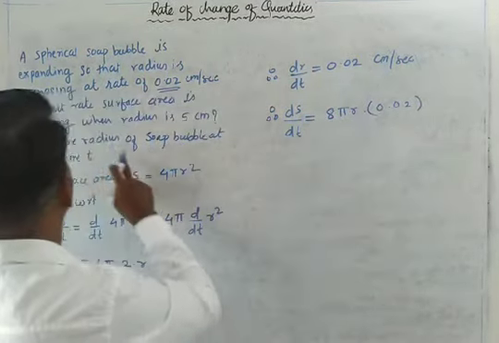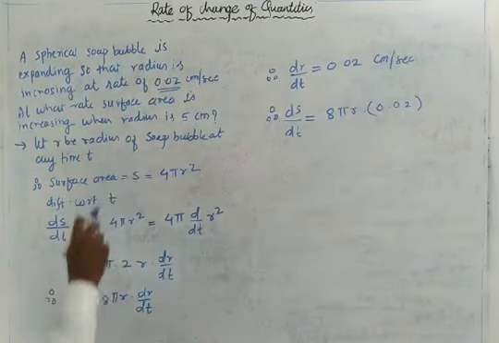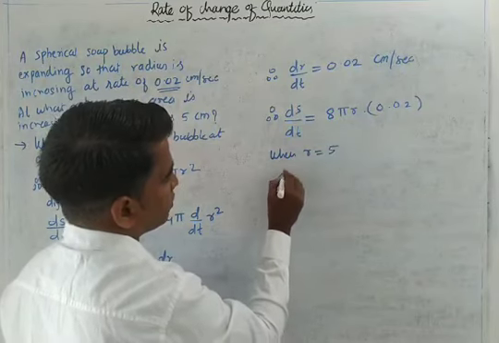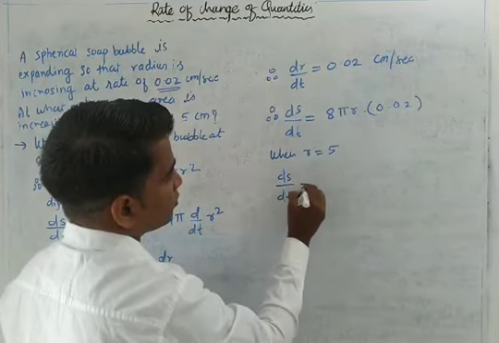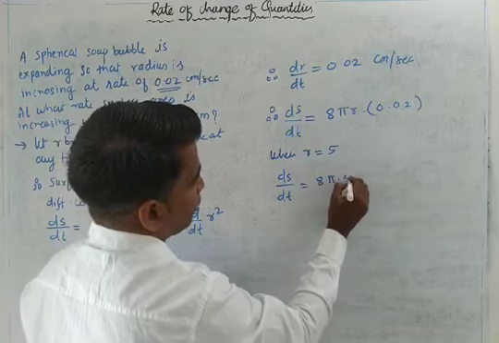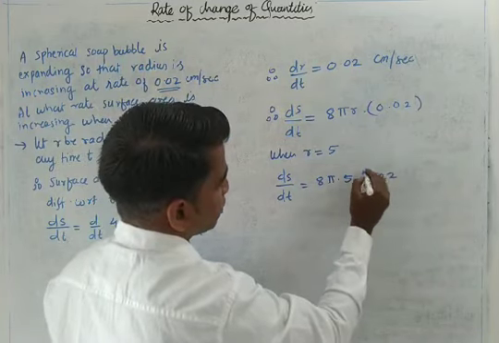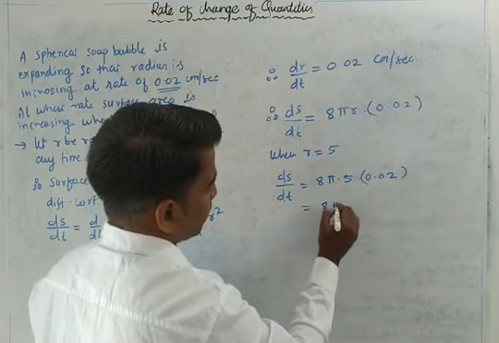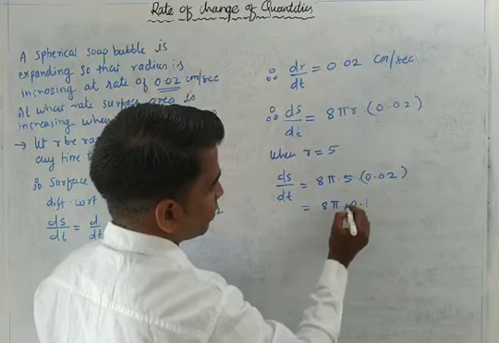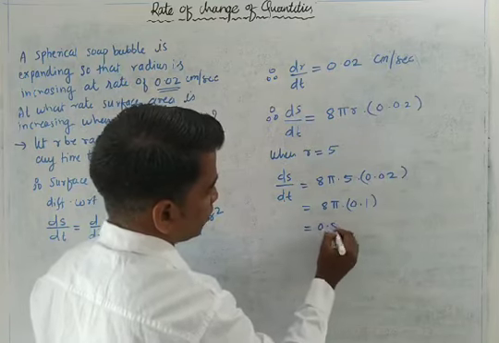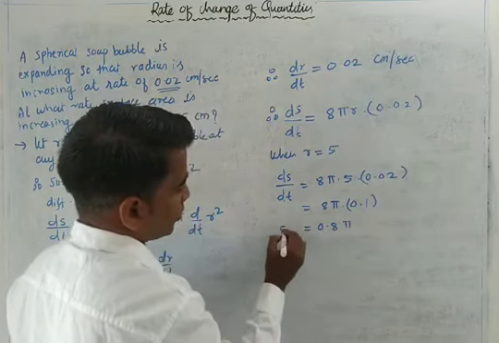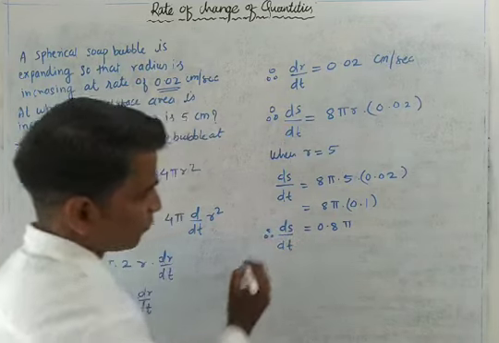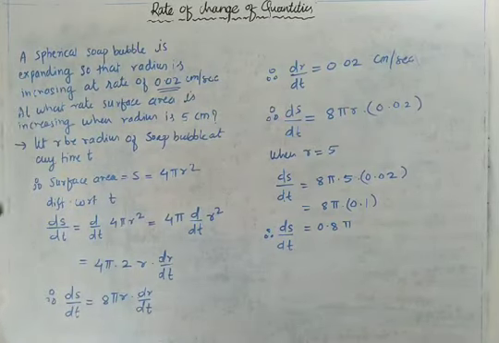Now we have to find the change in surface area when the radius is 5 centimeter. So when r is equal to 5, dS by dt is equal to 8 pi into 5 into 0.02, that is 8 pi into 0.1, that is 0.8 pi dS by dt. So multiplied properly, it is 0.8 pi.